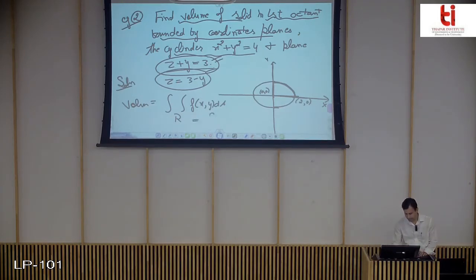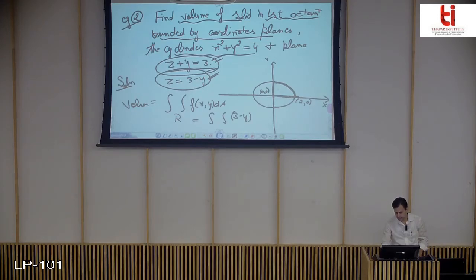There is a surface that is bounding it, and here it is 3 minus y. This is the surface which is bounding it from above, and it is a slanted plane covering it from the top, and below it is bounded by this one.